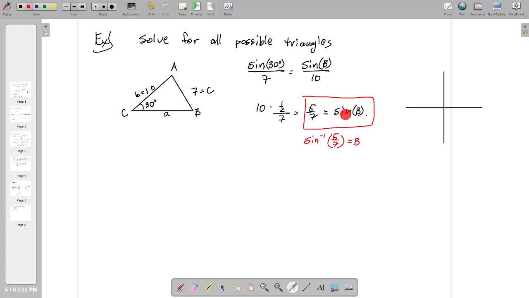Sine, however, does not have a restricted domain, so we can have as many angles as we need. So we're looking for all possible angles between 0 and 180, such that sine gives us 5/7. Now, if we look on our unit circle, 5/7 would be right about here.